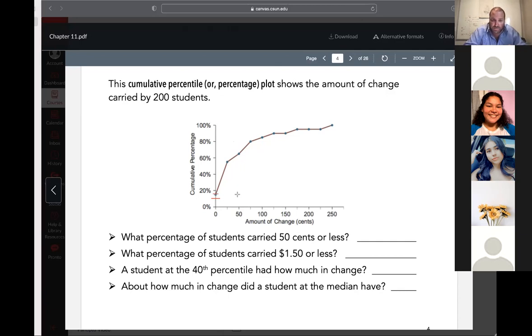You guys agree with that? 15% approximately? Okay, so 15% of students carry 0 cents. Now, what is the total percent that carry between 0 or even up to 25 cents?